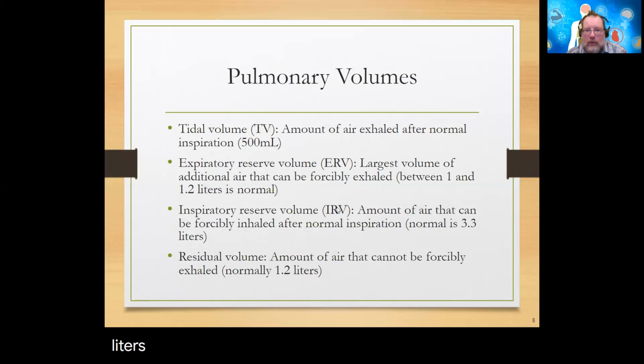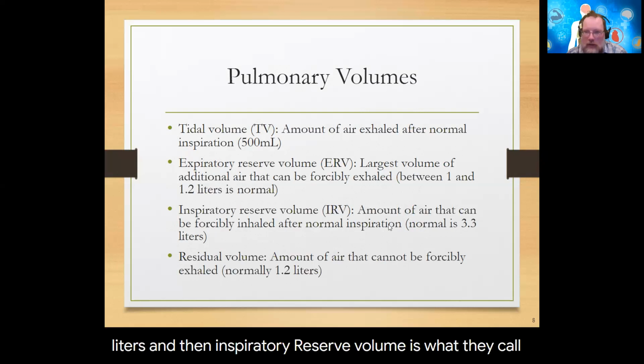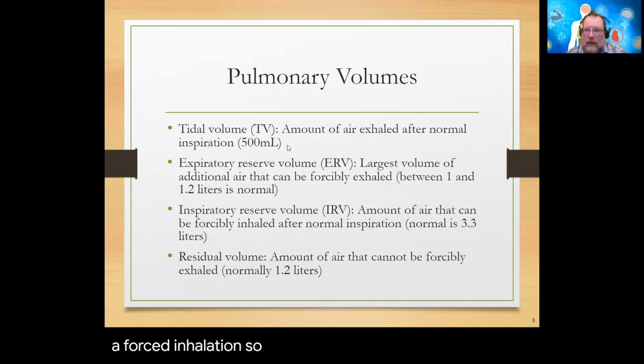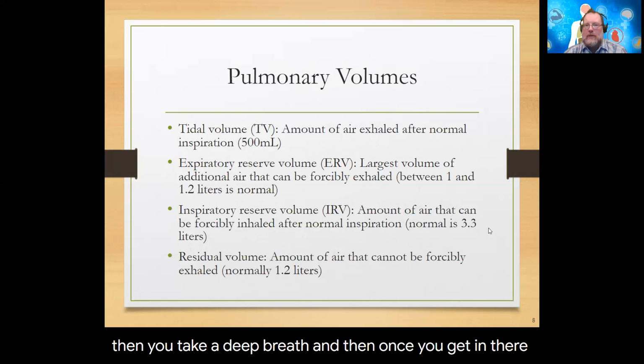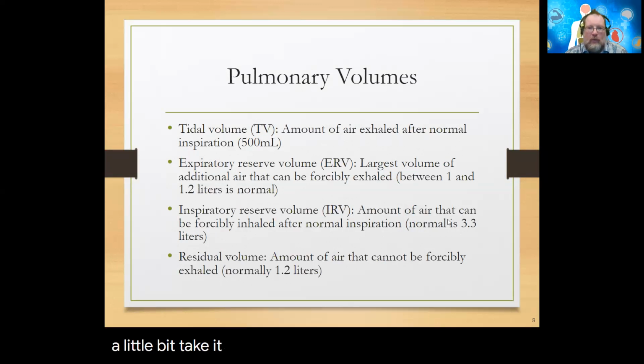And then inspiratory reserve volume is what they call a forced inhalation. So you do your normal tidal volume, and then you take a deep breath. And then once you get in there a little bit, take it as deep as you can go, and that gets you to about 3.3. So if we had 3.3 and 1.2, we had 4.5.